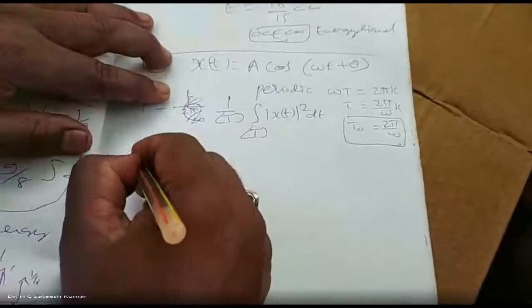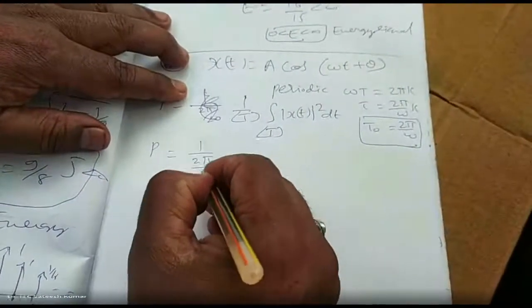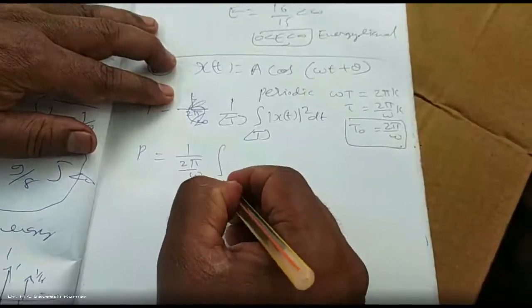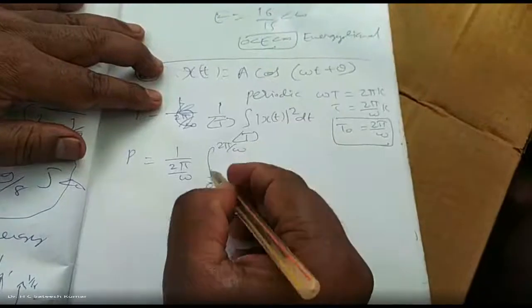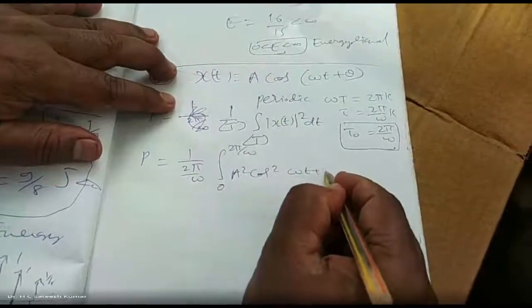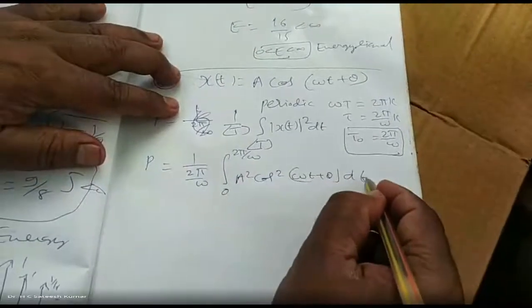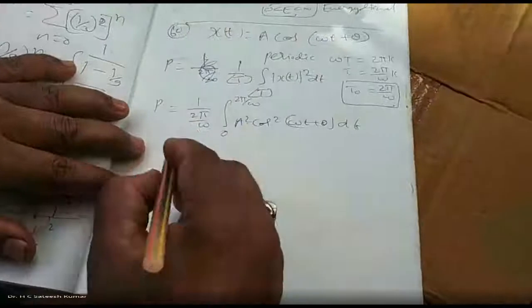Therefore, what should I write? Power is equal to 1 divided by 2 pi by omega, integration over the period 0 to 2 pi by omega, x squared, meaning A squared cos squared of omega t plus theta, into dt. Okay, right. Now, A square you take common.